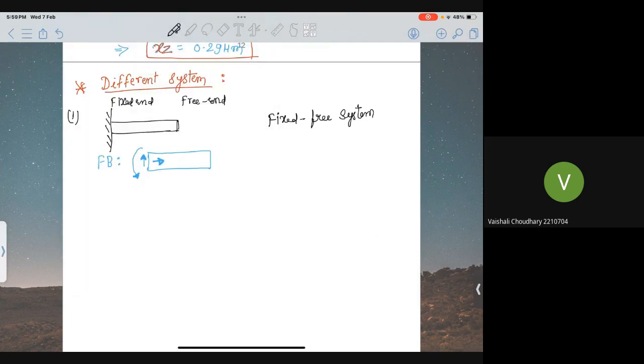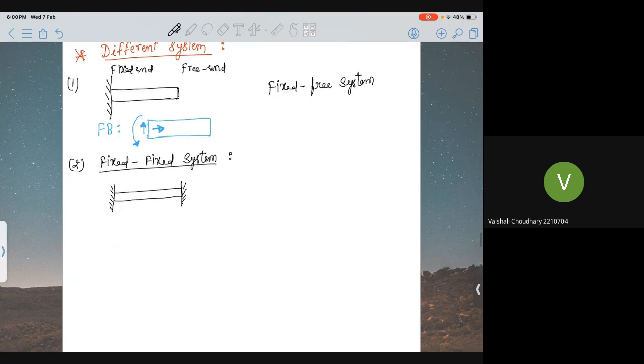Now we'll move on to our next system, which is the fixed-fixed system. As the name suggests, one end of the beam is fixed and the other end is also fixed to a particular point.